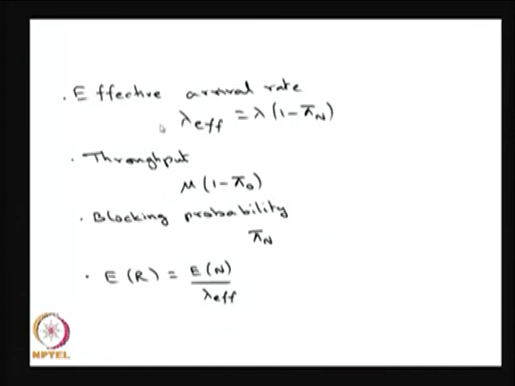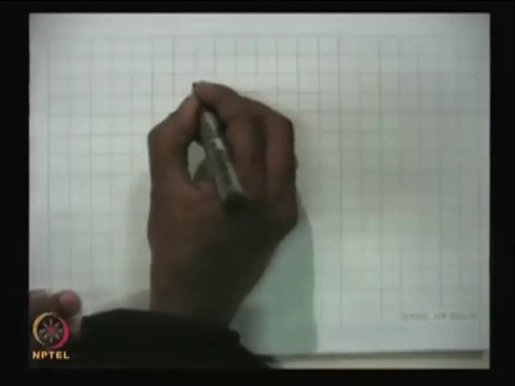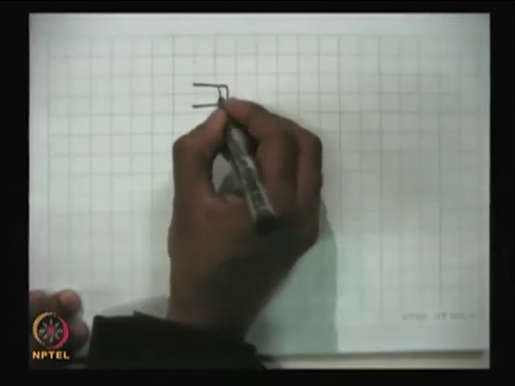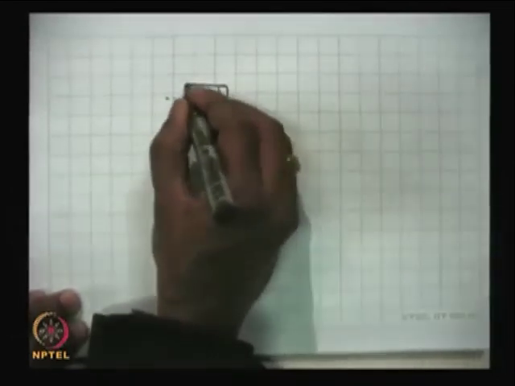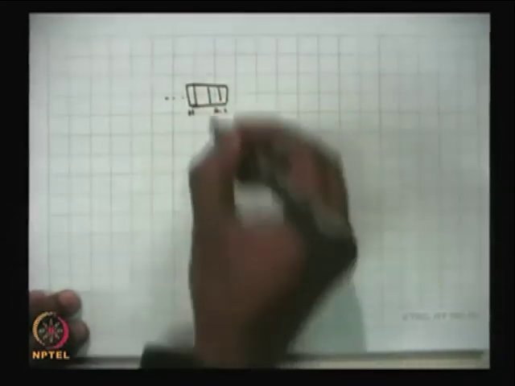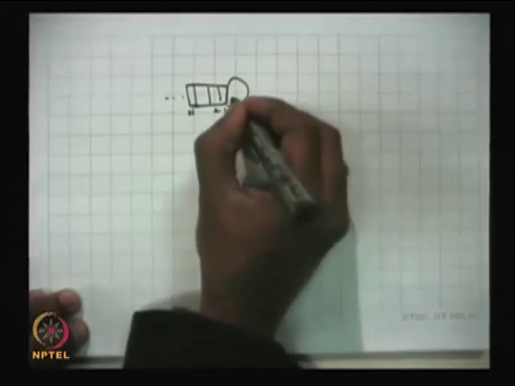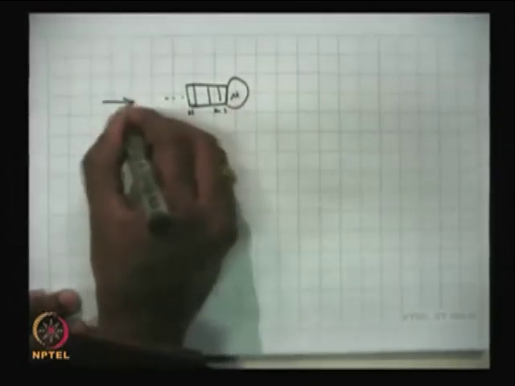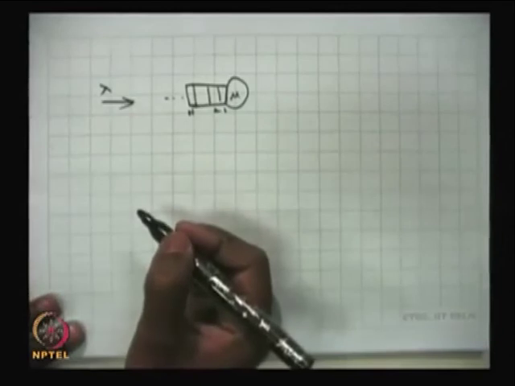Once you know the steady state probability, you can get the other measures also. Here, the other important thing is called the effective arrival rate. That means the queuing system is a finite capacity. So, maximum n customers can wait in the system and the service rate is mu, the arrival rate is lambda from the infinite population.